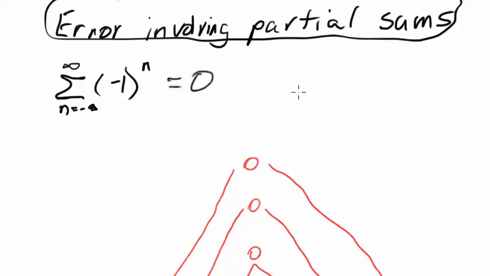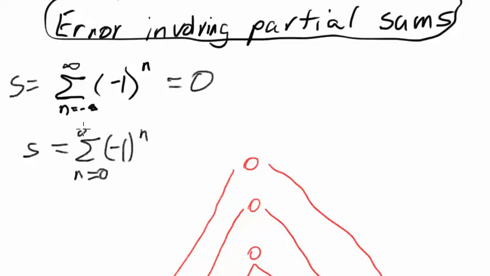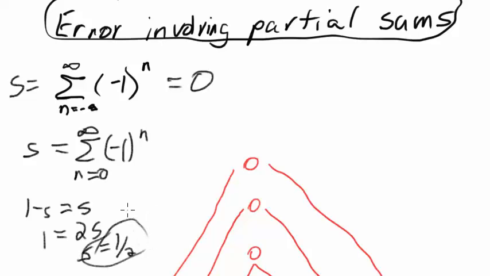I've read arguments that if we call this S, they define it as S equals the sum of (-1)^n for n equals 0 to infinity. And they actually end up saying that 1 minus S equals S, and then solving that to get 1 equals 2S, and they come up with S equals 1/2, which is, well, you're working with infinities.